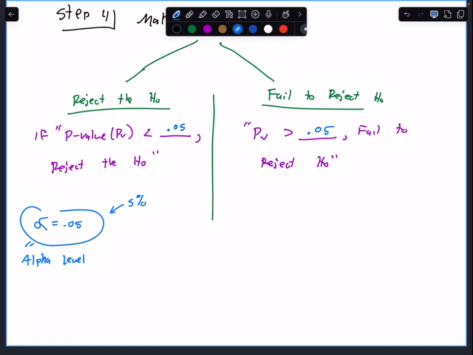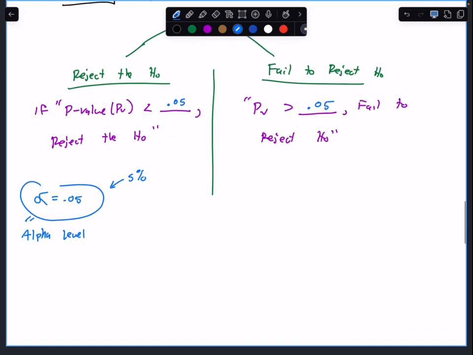I don't have time to get into why you would use a 1% or 10% level of significance. But 5% is what we use as our default. So if the p-value is less than 0.05, we found evidence that they're lying to us. Now, going back to our do now.